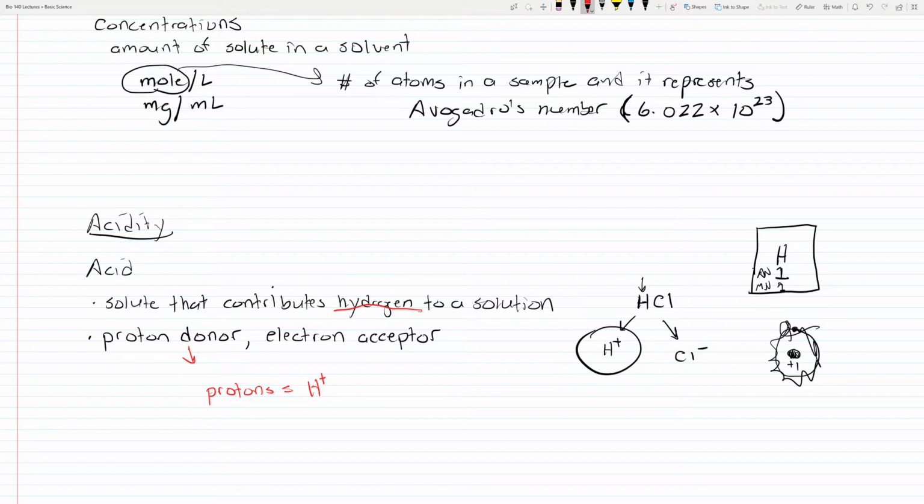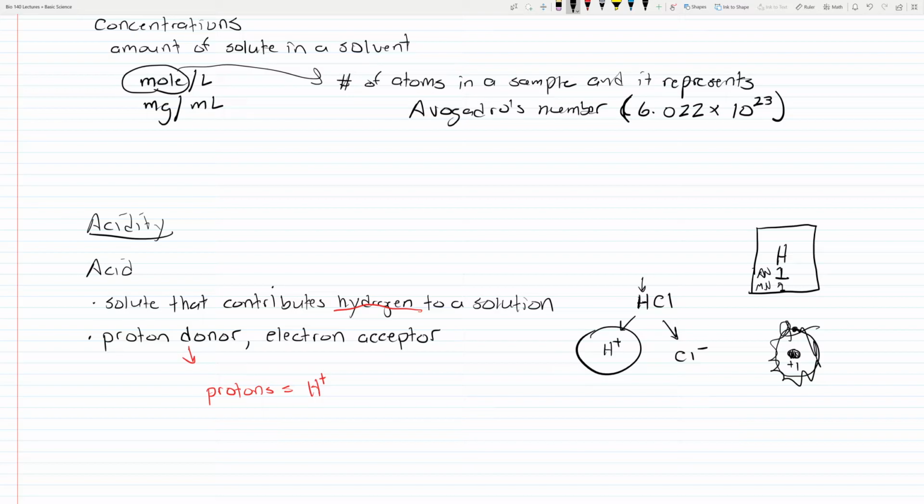I think it's in your textbook a couple of times, where they say H+, and what they mean is that's a proton. So don't get lost or confused when you see that H plus. It's still hydrogen. But if you want to get down to the nitty gritty of what hydrogen is, it is just a proton. That's all hydrogen is.